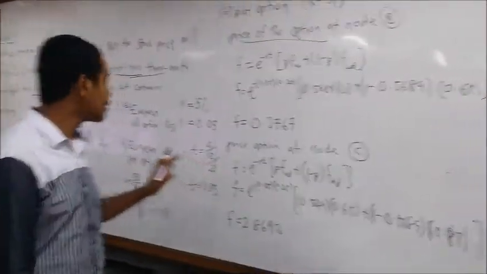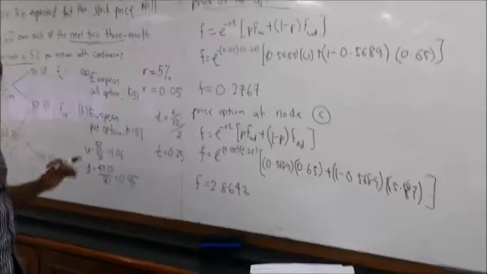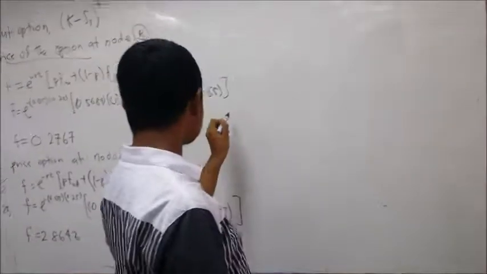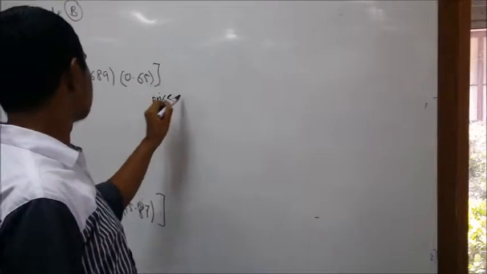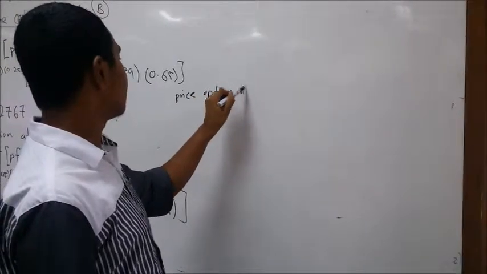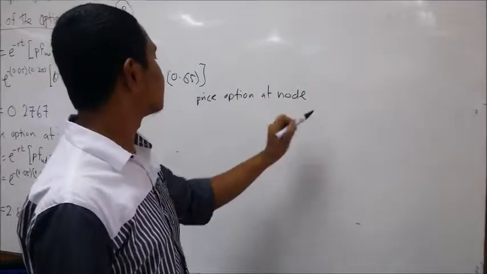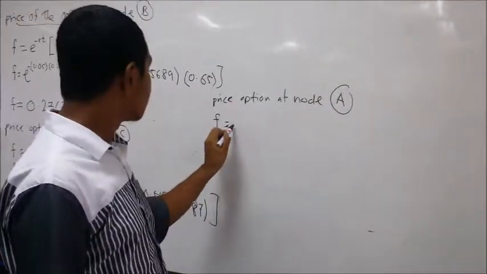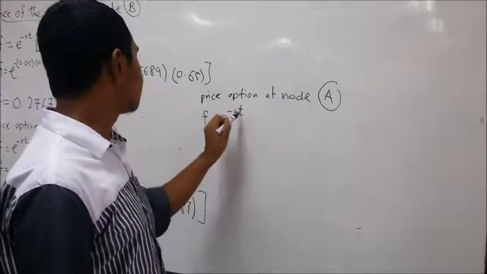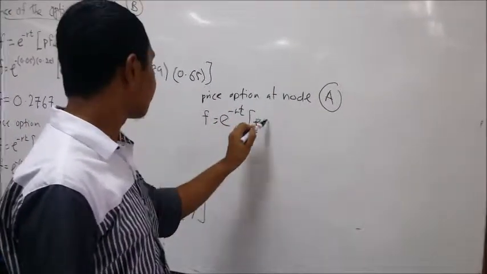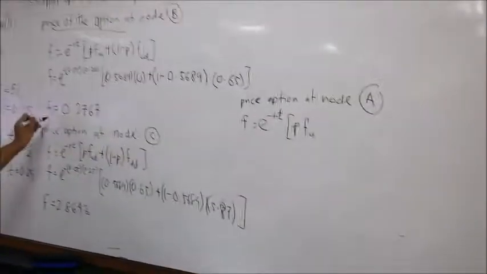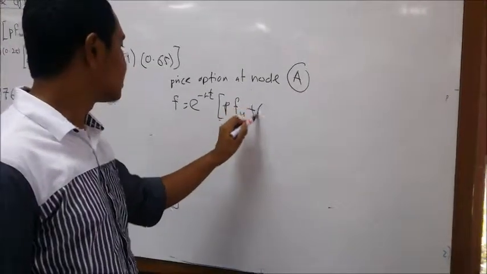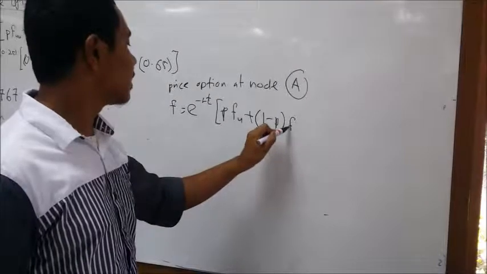So we got the prices at node B and node C. The last step is to find the price of the put option at node A. Use F equal to exponent negative RT, P FU plus (1 minus P) FD.